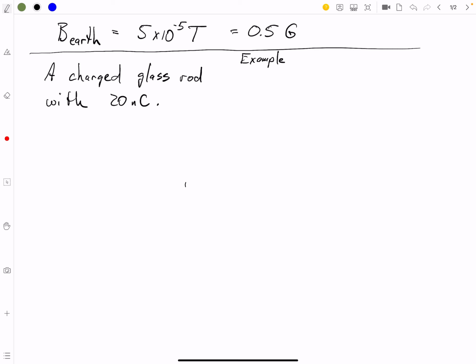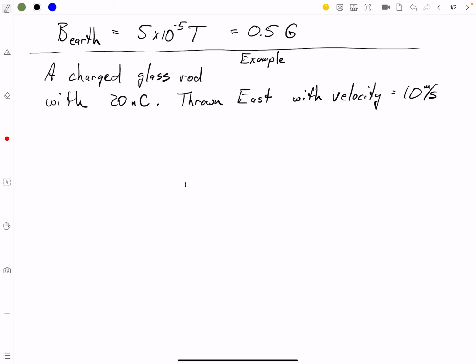We're going to throw it east with velocity equal to 10 meters per second.